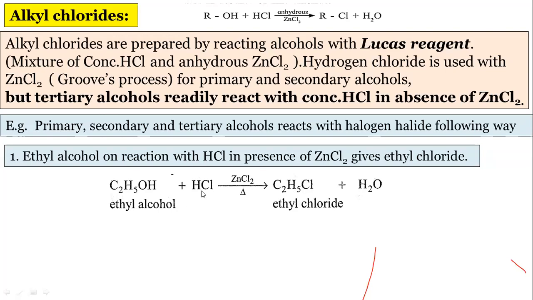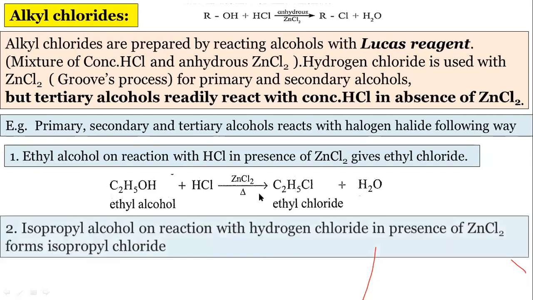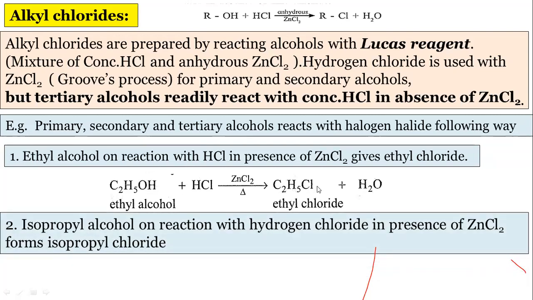This OH is replaced with Cl, and this hydrogen combines with OH and gives the water molecule. So if you understand one reaction, you can convert the others. Some students have doubts.